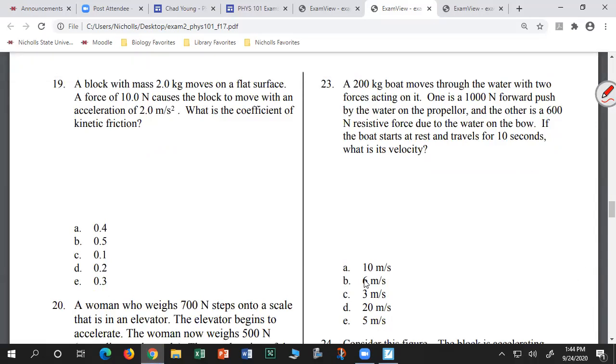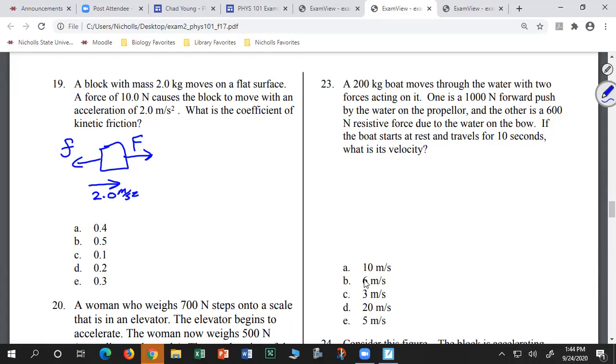Look, if this 2-kilogram block had a 10 Newton force acting on it, it should have an acceleration of F over m, or 10 over 2, or 5 meters per second squared. But it doesn't. It has an acceleration of 2 meters per second squared. And the reason is that I have this force acting in this direction, but then I have another force acting in this direction that is slowing it down so that it only goes 2 meters per second squared.